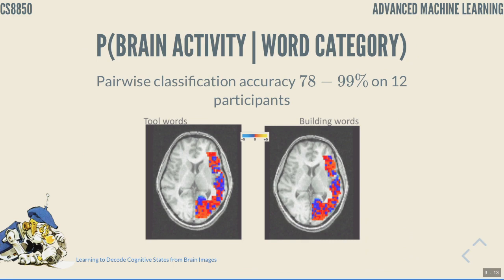Each voxel is assumed conditionally independent from the others, the same way we did for MNIST. And the accuracy on 12 participants gets from 80 to 100%, surprisingly. Well, maybe not anymore, but such a simple method and such a good result.